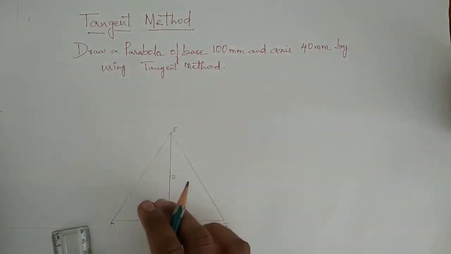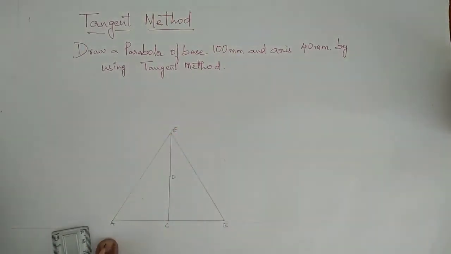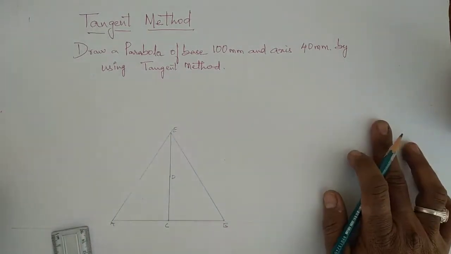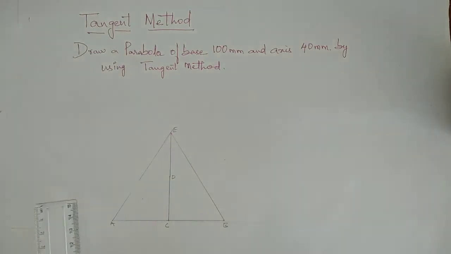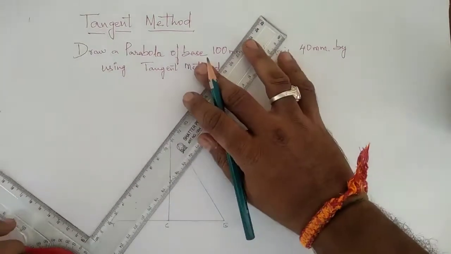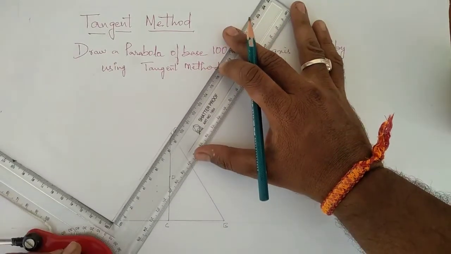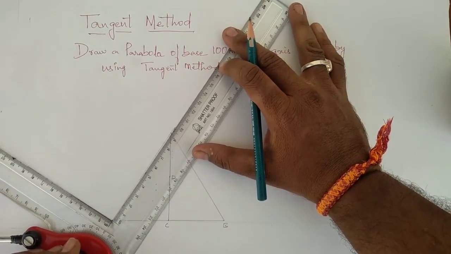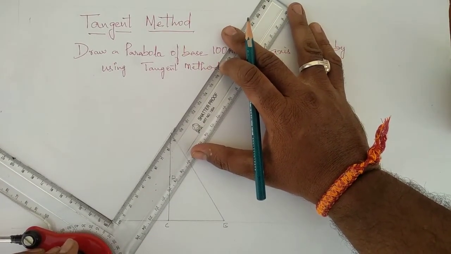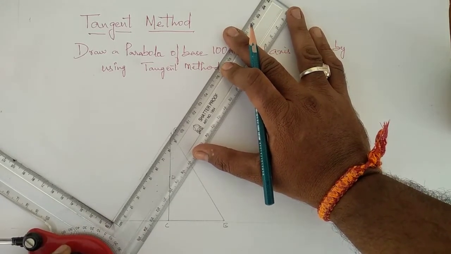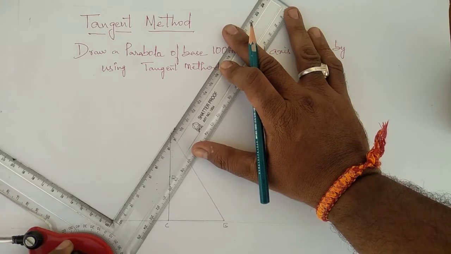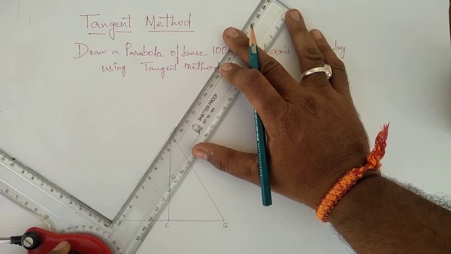Now over the sides of these slant lines, take as many equal divisions. I am going to show it right now. Measure the length. It is around 90 mm.